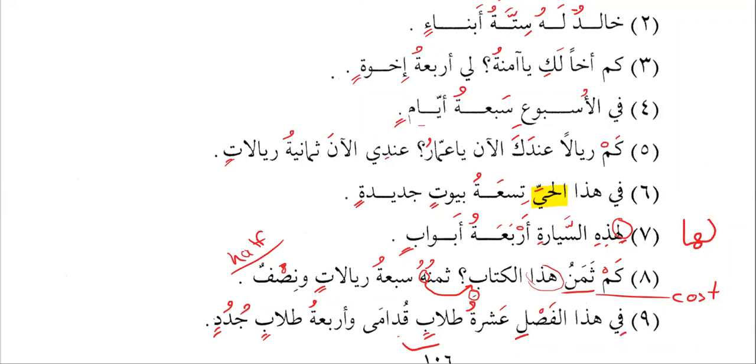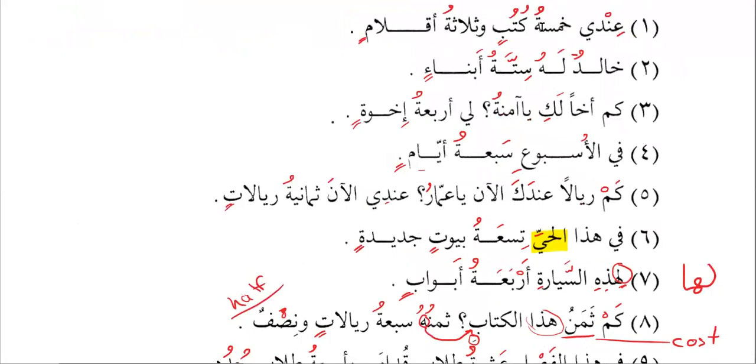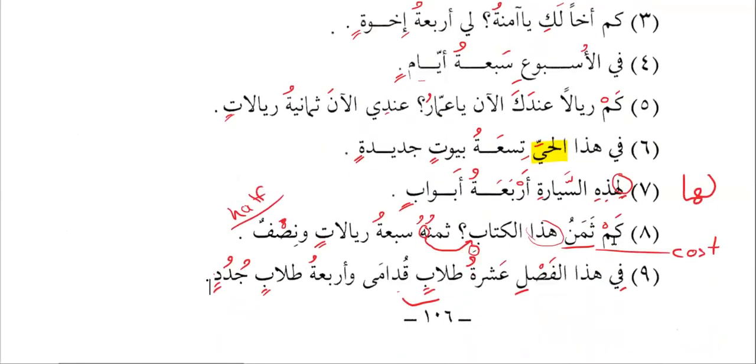So we say عندي 5 كتب و3 أقلام. خالد له 6 أبناء. كم أخا لك يا آمنة؟ لي 4 إخوة. في الأسبوع 7 أيام. كم ريالا عندك الآن يا عمار؟ عندي الآن 8 ريالات. في هذا الحي 9 بيوت جديدة. لهذه السيارة 4 أبواب. كم ثمن هذا الكتاب؟ ثمنه 7 ريالات ونصف. في هذا الفصل 10 طلاب قدامى و4 طلاب جدد.